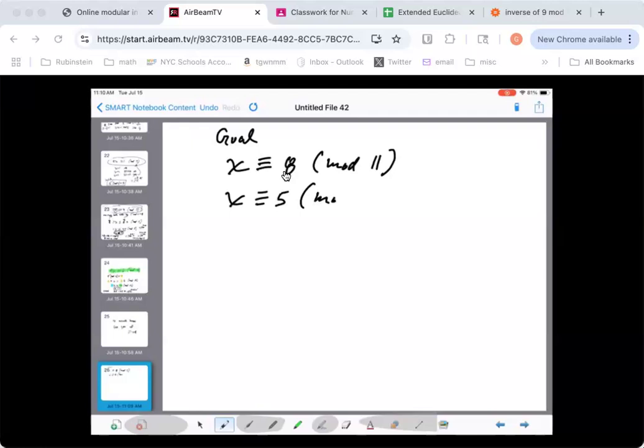I think I might make that an optional challenge question. But the goal is to find a single number that if you divide by 11, you get remainder 8. But if you divide the same number by 17, you get remainder 5. We have to build up to that question. It's going to be a while before we revisit it.